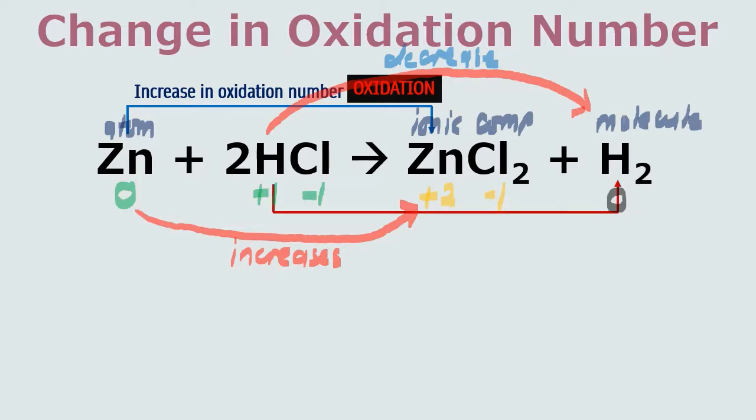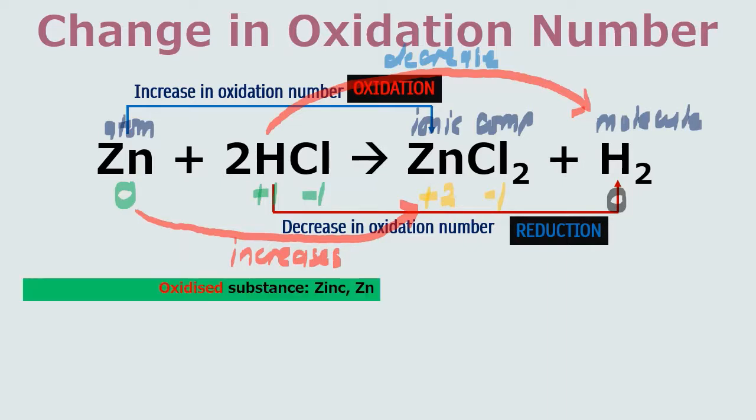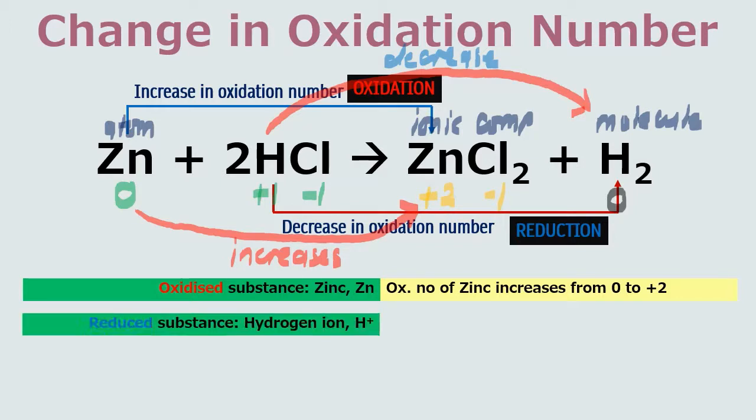But if the oxidation number decreases, the substance is said to undergo reduction. Therefore, zinc is the oxidized substance because oxidation number of zinc increases from 0 to +2, while hydrogen ion is a reduced substance because oxidation number of hydrogen decreases from +1 to 0.